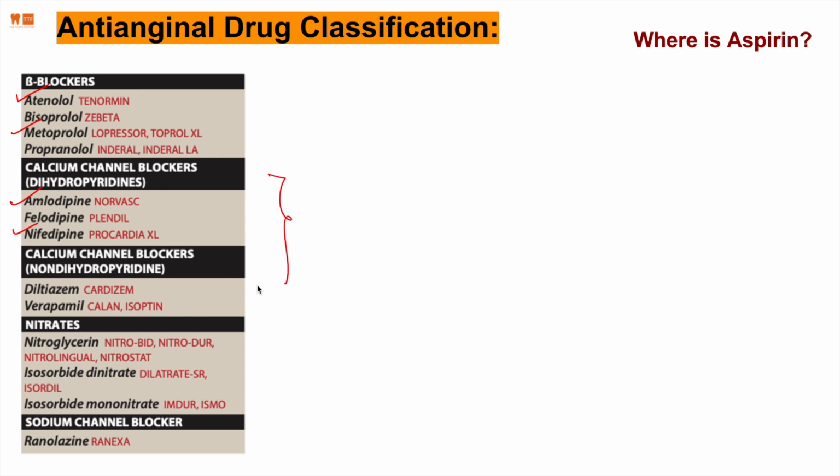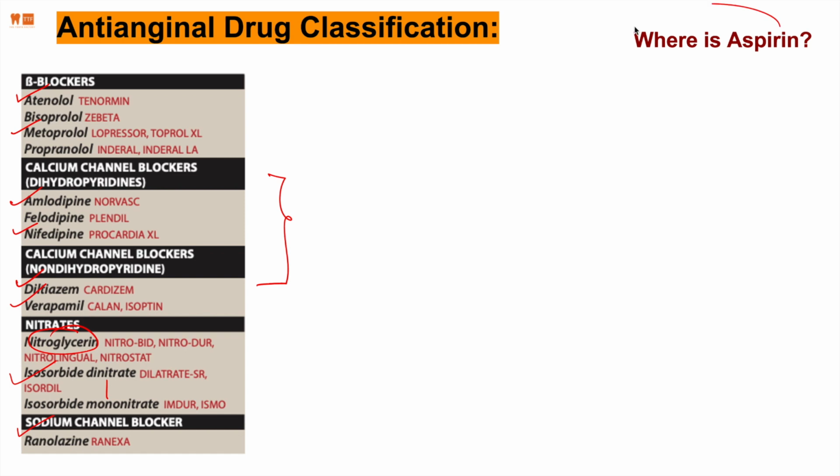We'll take a look at the difference. All it means is one affects the vessel, the other affects the heart. So we'll take a look at them. Diltiazem, verapamil, we talked about. Nitrates, the king nitrates, nitroglycerin. Isosorbide, two versions, dinitrate, mononitrate, and sodium channel blocker, ranolazine. Hopefully the names are now familiar for the following slides.